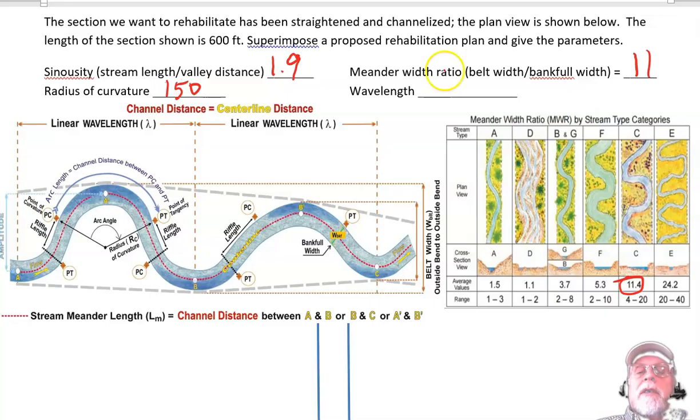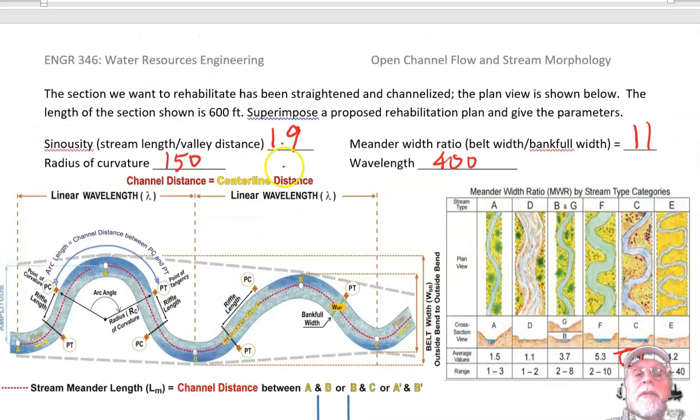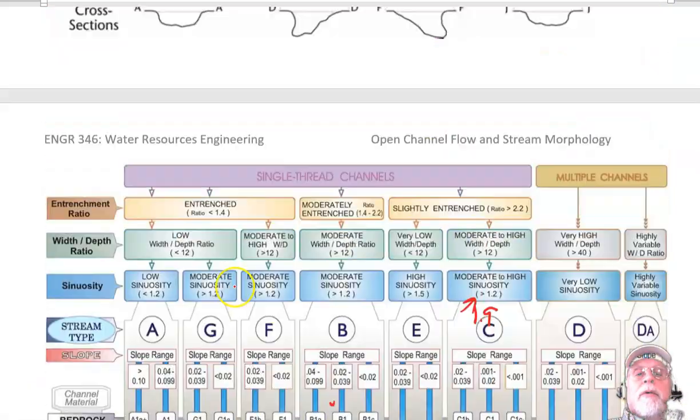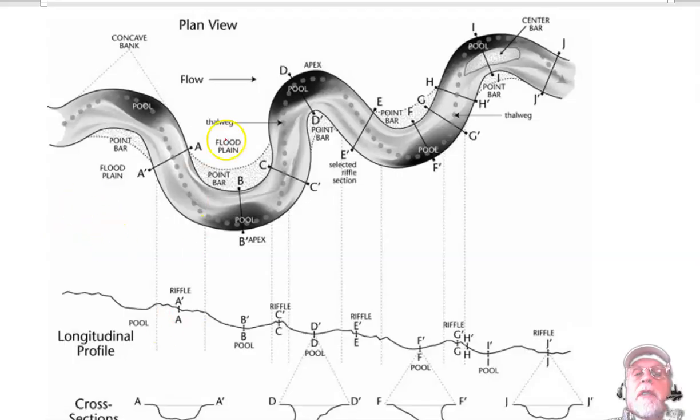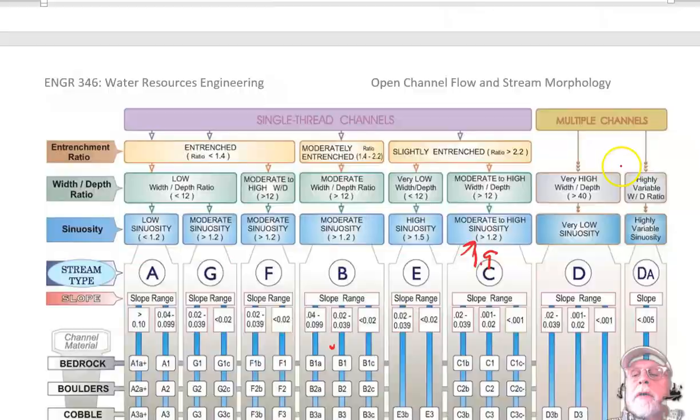And then maybe if that's maybe a 400-foot wavelength. So again, our C channel tends to look like this, and we want to return it. Where's my mouse? Return it to that.